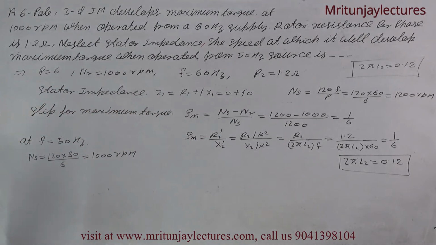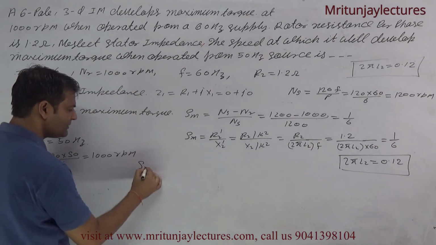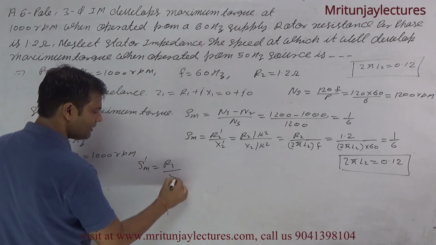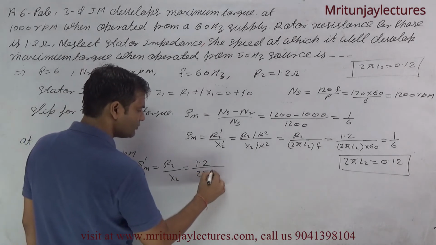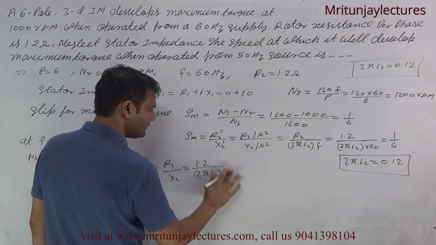So for maximum torque, Sm is again equal to R2 dash divided by X2. R2 is 1.2 divided by X2, which is 2 pi L2 into F, and F is 50 Hz.